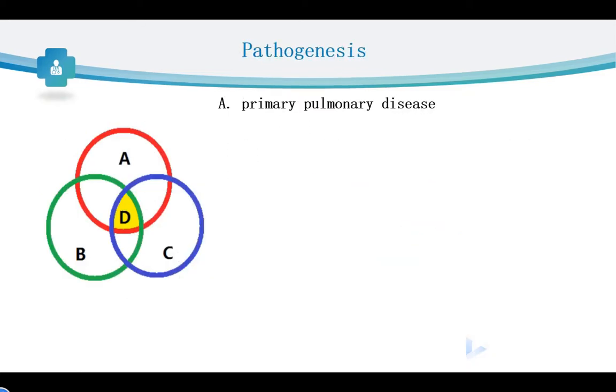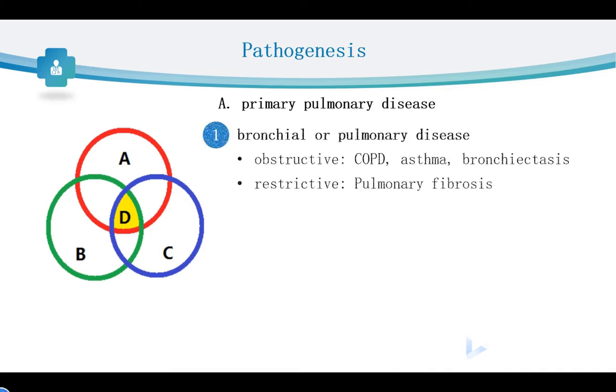And now let's look at the 3 steps of the pathogenesis of the cor pulmonale. The first step is the primary pulmonary disease or thoracic disease, including the bronchial or pulmonary disease, such as the obstructive pulmonary disease, the COPD, asthma, bronchiectasis, and so on.